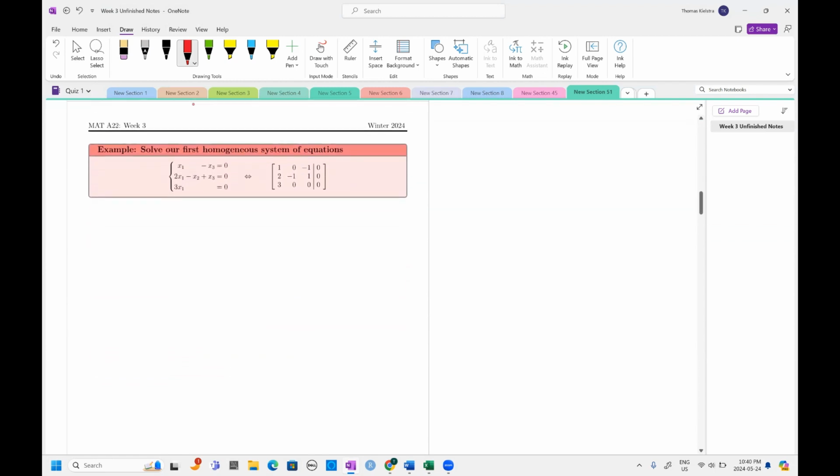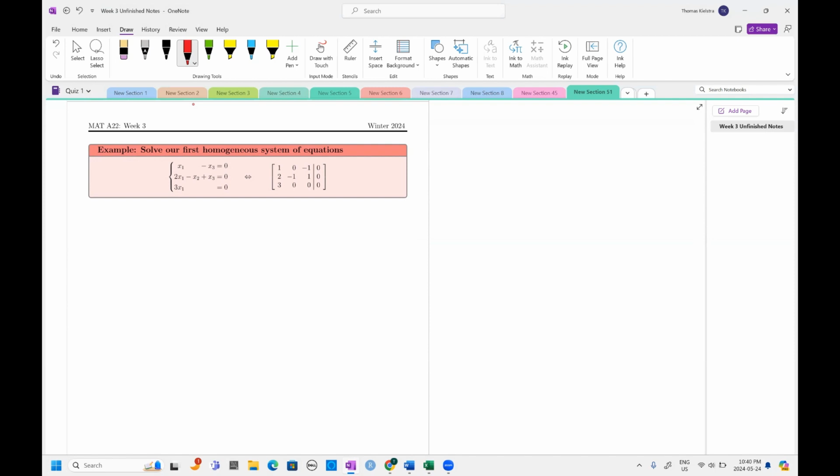So remember, our steps are 1, find the pivot and make it 1, 2, put it in the right spot using swap, 3, eliminate, and then we repeat this over and over again for each successive pivot.